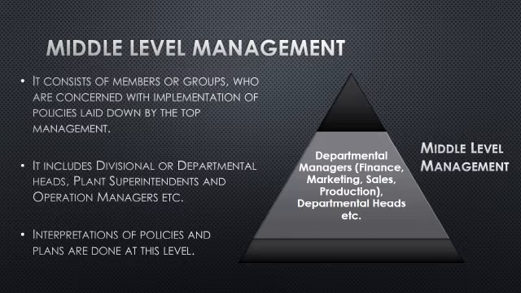Basically, they act as a link between the top level and the lower level managers. This level mostly comprises divisional or departmental heads, plant supervisors, and operation managers. Like in our school, we have our principal and our departmental heads who fall under this level of management in the hierarchy.